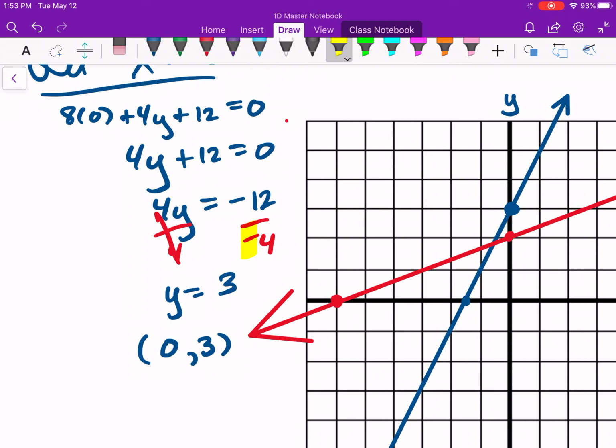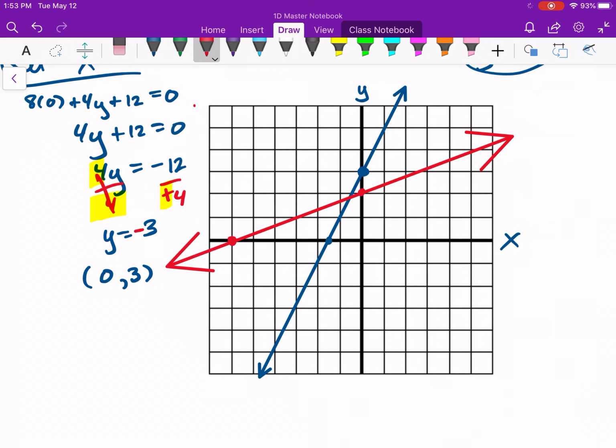Don't know why I divided by -4, just one of those careless mistakes you make. I guess it's because I saw the negative in front of the 12, but this is a +4 I'm dividing by. So that means that this should have been a -3, and that means that my graph is wrong here.